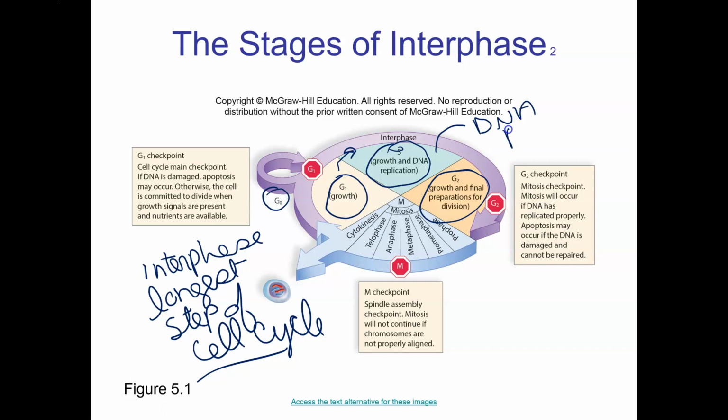So DNA replicates. We're producing new DNA. So we produce an identical copy of the DNA that we already have. This is going to prepare us to go into mitosis. Then we enter the G2 phase. So in G2, we're going to produce proteins needed for mitosis.